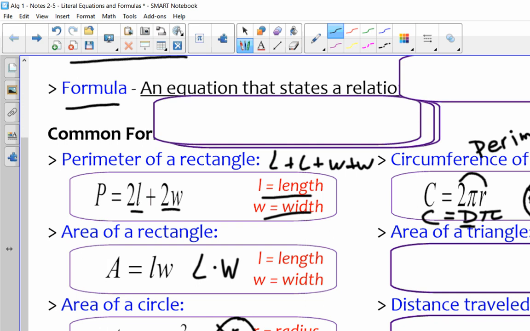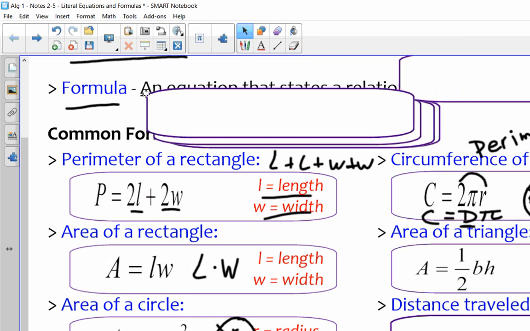Okay. The area of a triangle, which is another one that we'll use a lot, is half of the base times the height. Now, there's a couple things we really got to make sure we understand, okay? When you have a triangle and you're trying to get the area, you need a vertical line as the height, okay?